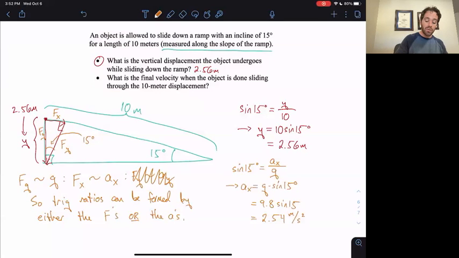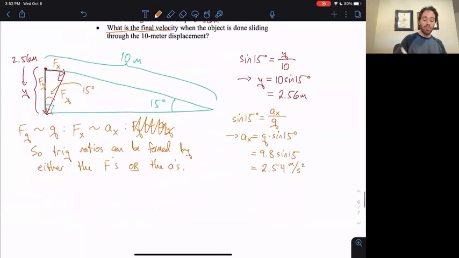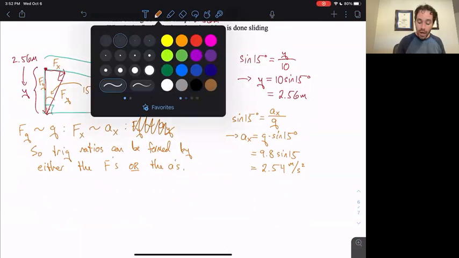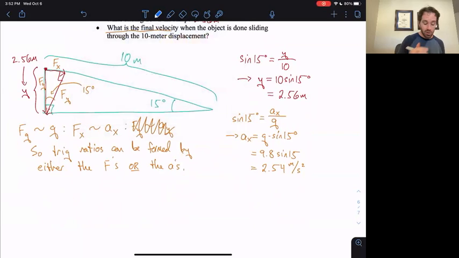Well, this says, what is the final velocity? Okay, now let's set it up kinematics style. I always like blue to do kinematics, just because that's the type of person that I am. We've got an acceleration of 2.54. We know our displacement is, stop, think about it.